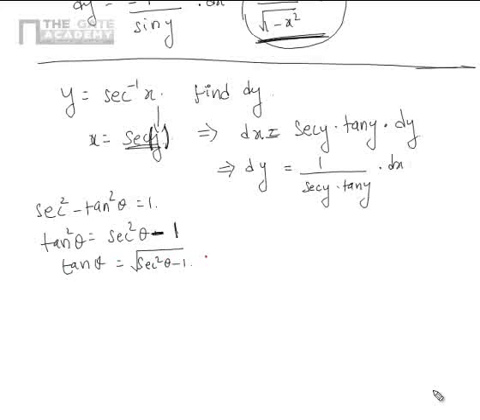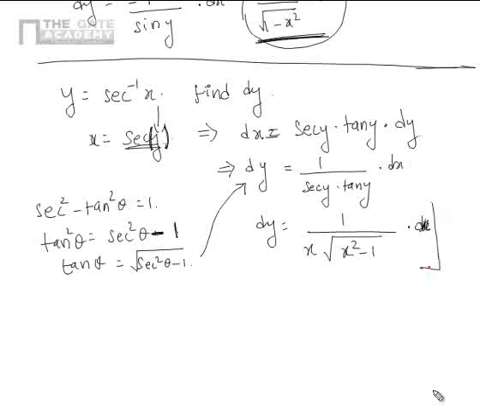So using this here, dy will become 1 by secant y, which is x, and tan y will be root over x square minus 1, times dx. This is the answer.